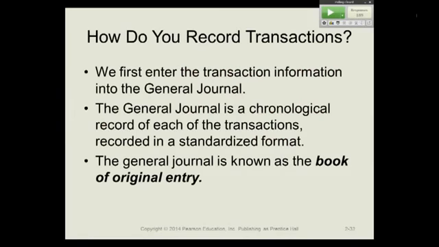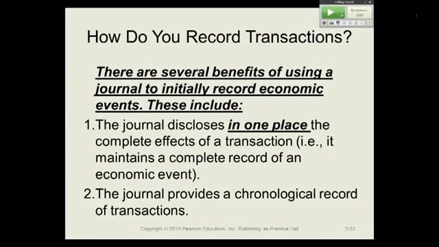So the first thing, when we record transactions, we're going to record them in what is known as the journal. The general journal is the book of original entry, and we use the journal just as you might use a personal journal to record transactions in chronological order and a standardized format. Some of the benefits here is that the journal keeps the transaction in one place.